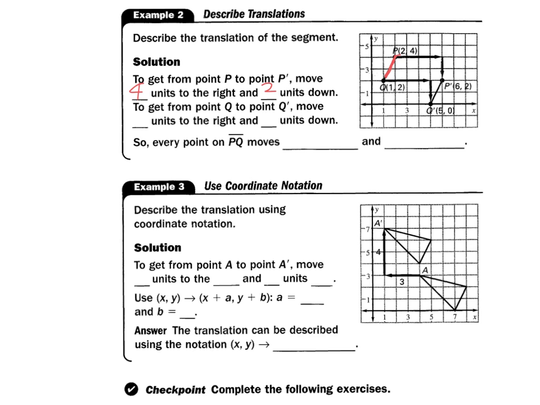And for Q, in order to go from here to here, we have to go to the right first by 4 units as well. And then we go down by 2 units.